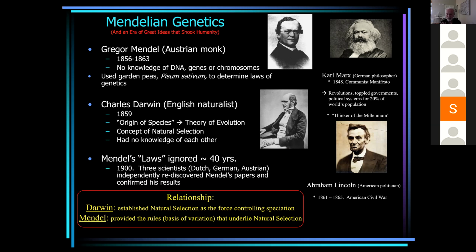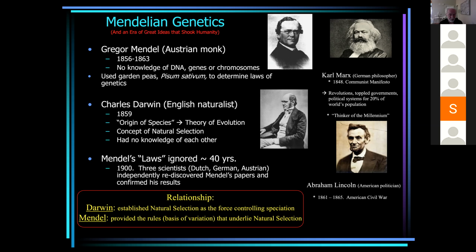He published the Communist Manifesto, which is still influencing the political systems of a significant part of the world's population. The American Civil War occurred during this period, another major event in world history. And it's during this period that Gregor Mendel and Charles Darwin were doing their seminal work.